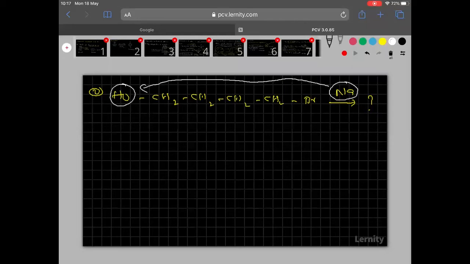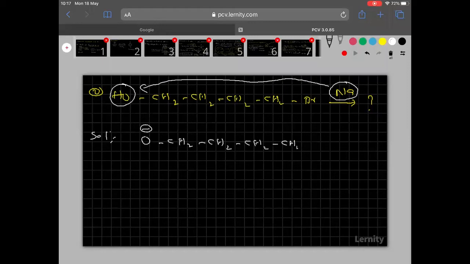See clearly. Let me take the structure here. When H plus is removed, then what happened? O minus is left over here. Then here CH2CH2Br. The O minus attacks on this carbon, then Br minus will depart out.